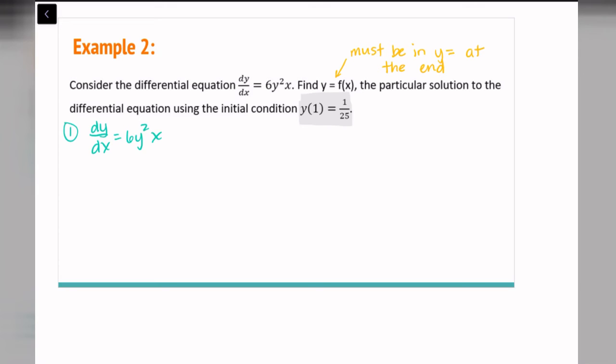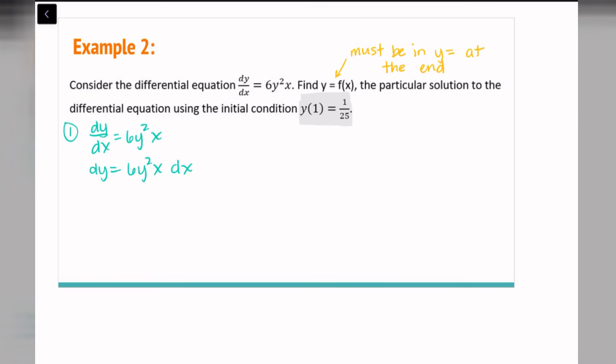So the first thing I'm going to do is bring that dx over to the other side. dy is 6y squared x dx. Okay. Now, I'm going to bring the y over to the other side, but that 6 is not attached to that y squared, okay? Everything that's over with the y sometimes gets a little bit more complicated.